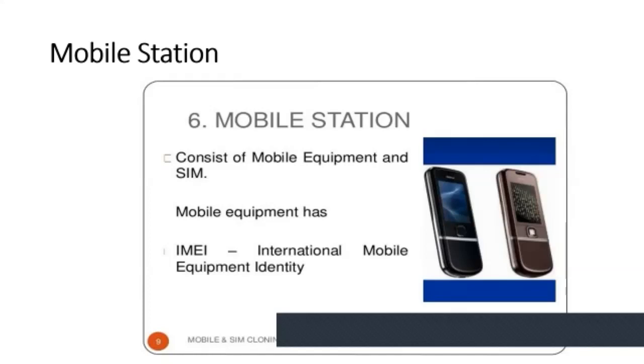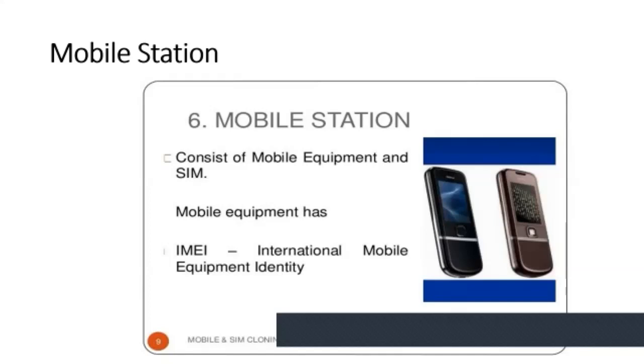IMSI is International Mobile Subscriber Identity, which is stored on a SIM card that can be transferred to any handset. However, the network's ability to know a subscriber's current individual device enables many network and security features. This is the formal definition.